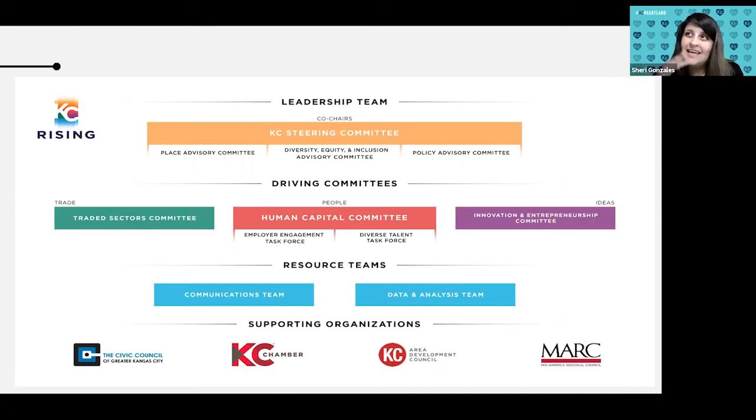And in this model, there are hundreds of volunteers, leaders, and so those individuals come from what we call the public square. So yes, it's business, but it also includes government and philanthropy and community organizations, and education institutions, because we really do believe it takes all of us to see the change we want to in our community.